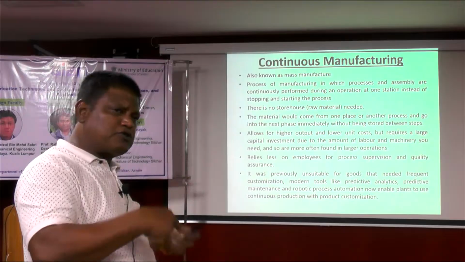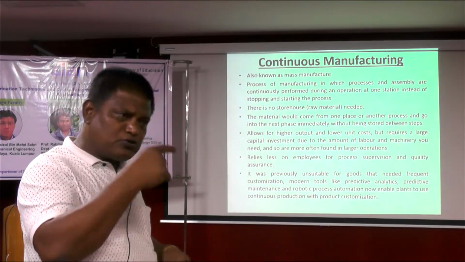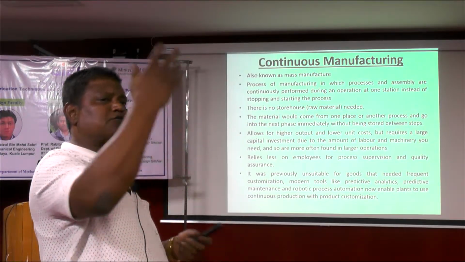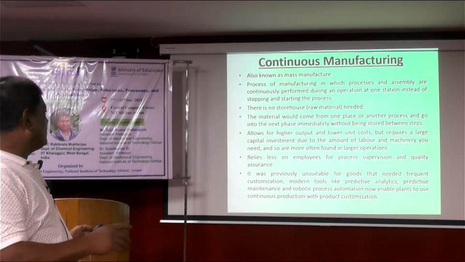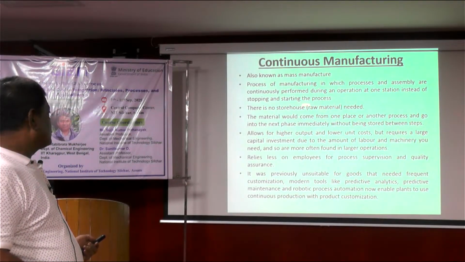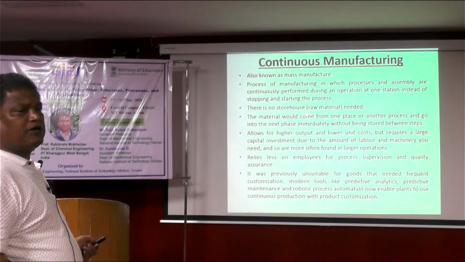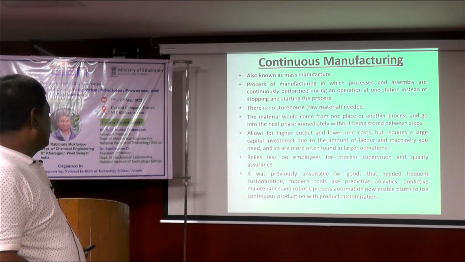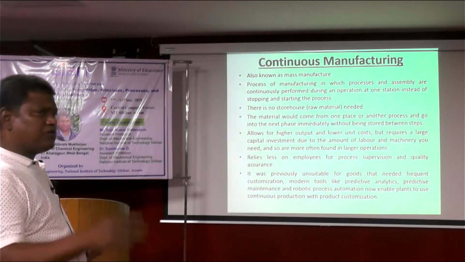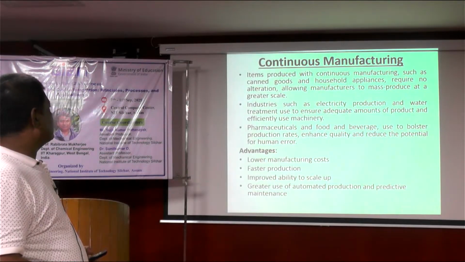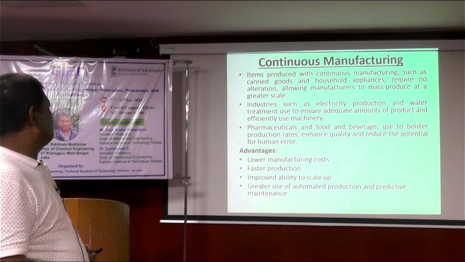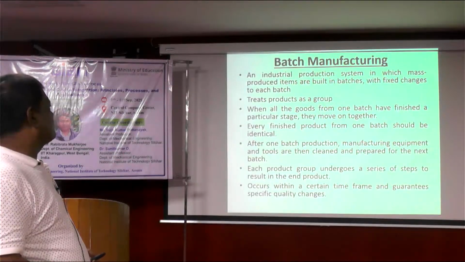Immediately the tea is processed on the same day itself, packed on the same day, and transported to different places. So you do not go for stacking the raw material. I think I will share the slides after this. We can skip the advantages and disadvantages of continuous manufacturing. So that is the basic of continuous manufacturing.